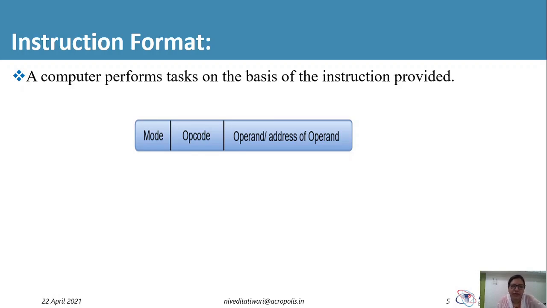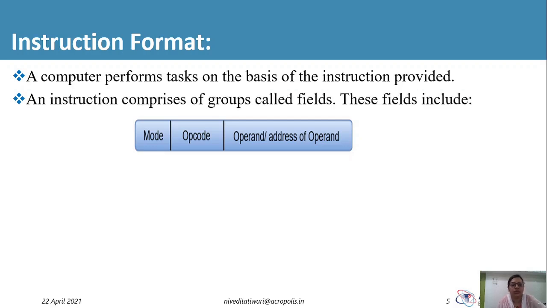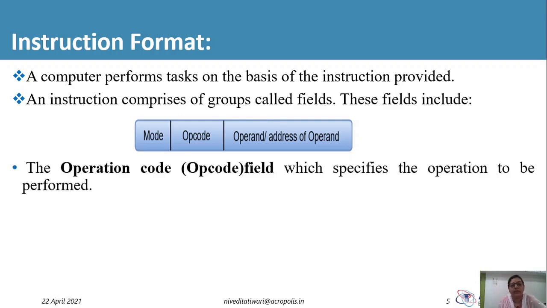This specific format of the instruction is divided into 3 fields. These fields are available in this block diagram. The main field of the instruction format is the operation code field. Basically, this field specifies the operation to be performed.